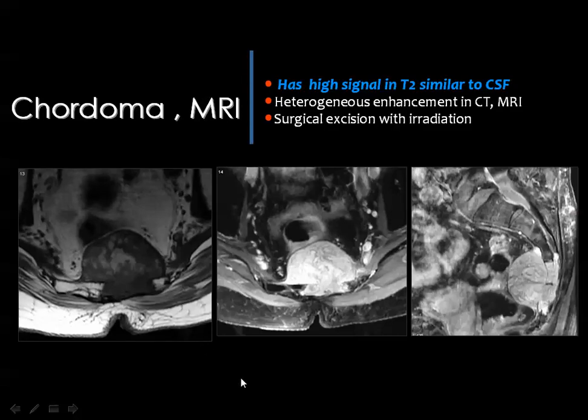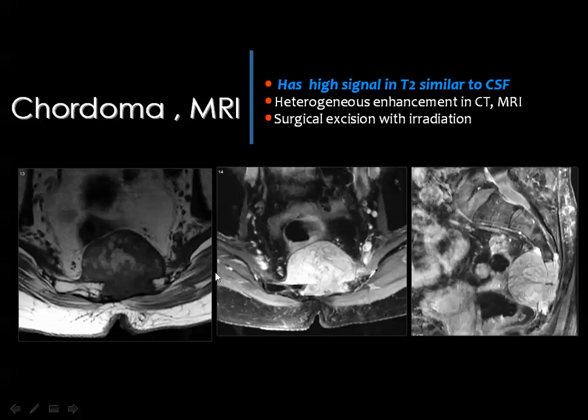Then one of the pathognomonic features of chordoma is its very high signal in the T2 weighted image, approaching the signal of CSF. And this is not for all cases of chordoma, but you can see it frequently.